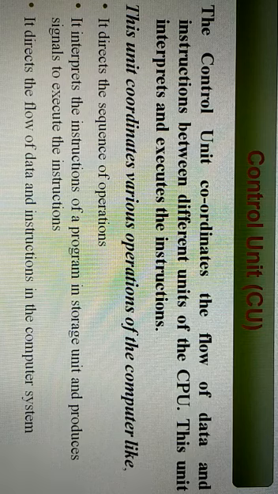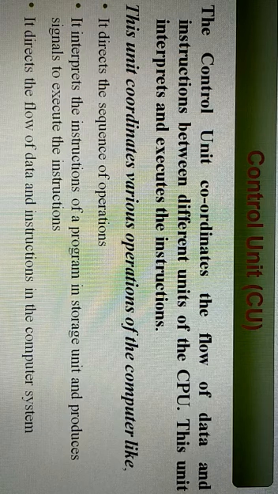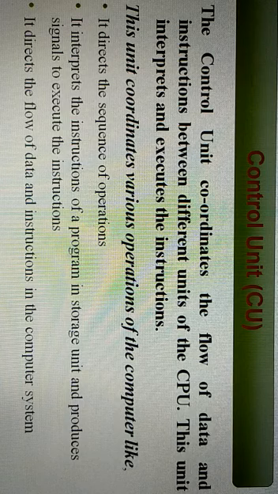So the instruction given by the user is first converted into electrical pulses. That is the sense of interpretation. And once the instruction is interpreted, the control unit carries out the processing.